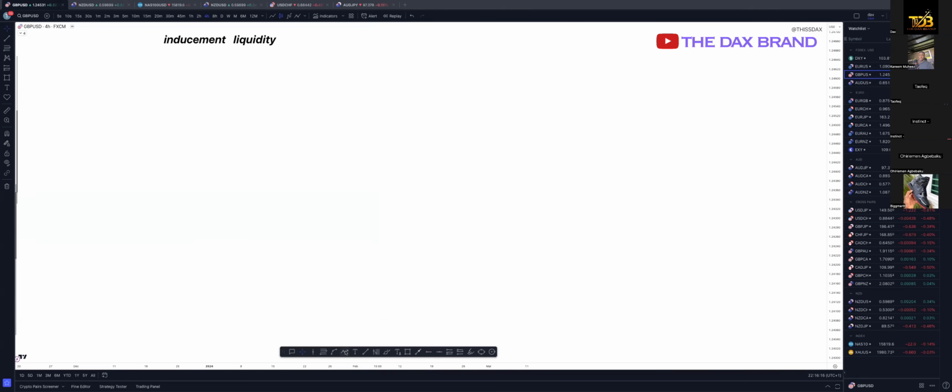So for instance, here you have a sell setup. The first thing you want to see is a sweep of the previous high, then a break of structure. Or let's assume price is bearish.